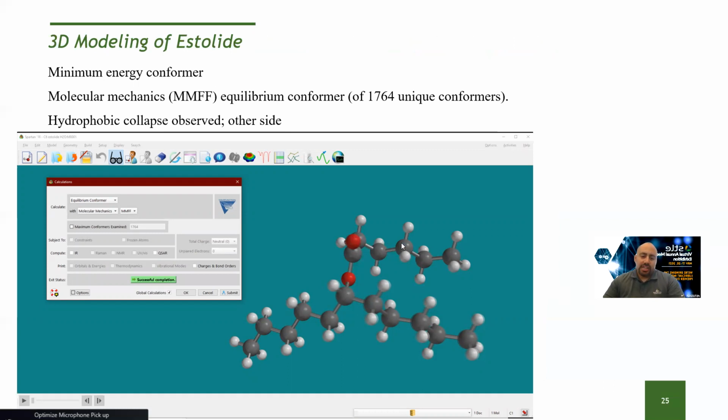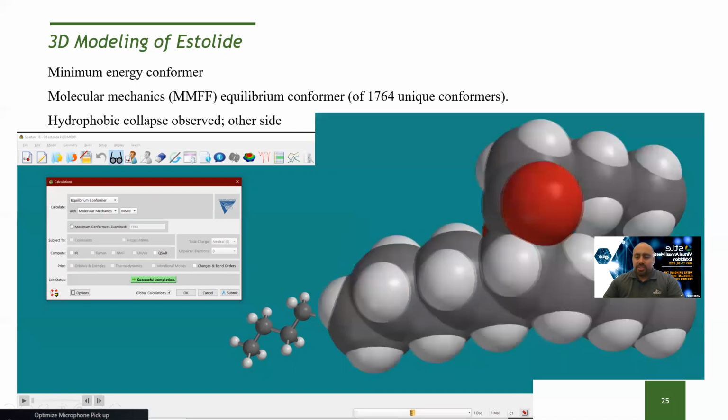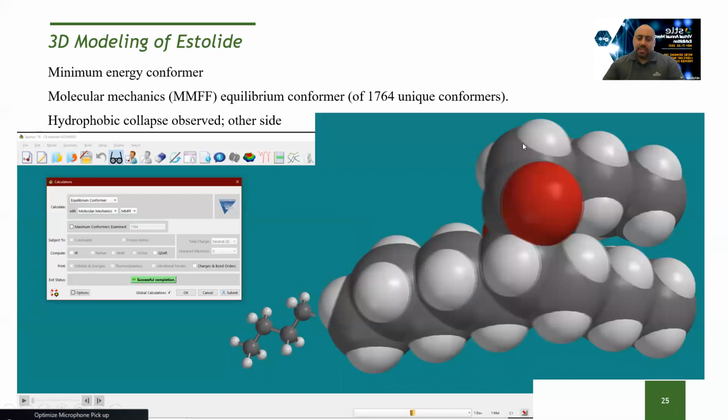So this chain is blocking the accessibility of water attacking. This clearly explains the Sterics involved in helping protect the carbonyl from hydrolysis. And then we have a spatial view of the Estolide in the space filling perspective, blocking the carbonyl as well.